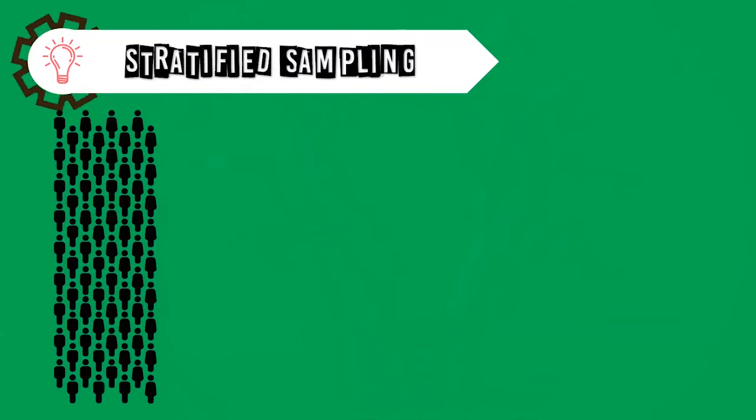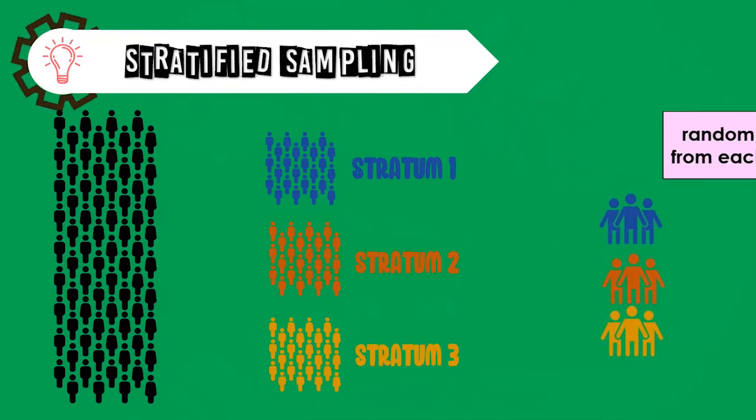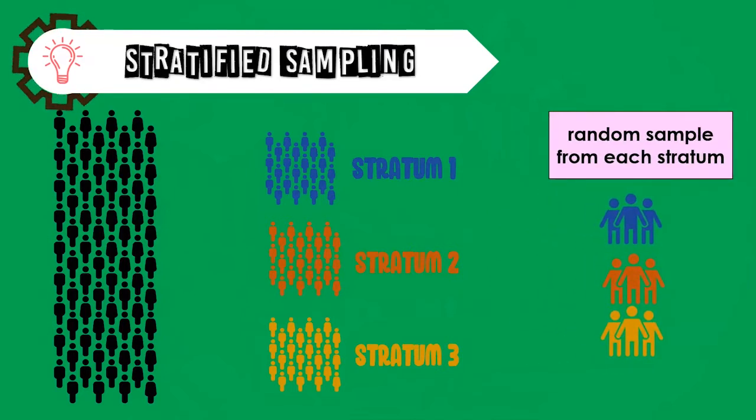While the second type of sampling design under probability is the stratified sampling. A stratified sampling is where a researcher will divide the population into subgroups or strata. Then the researcher will randomly select from each stratum to have his or her participants.